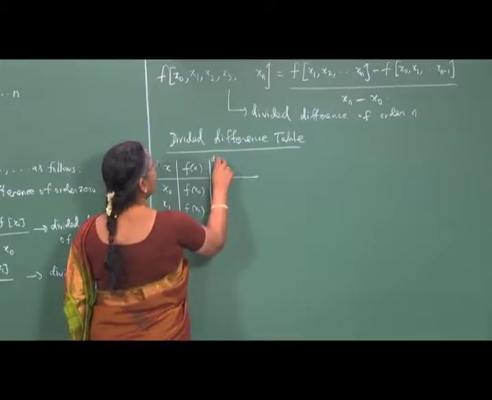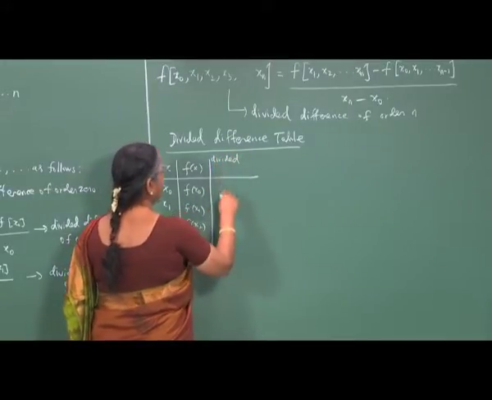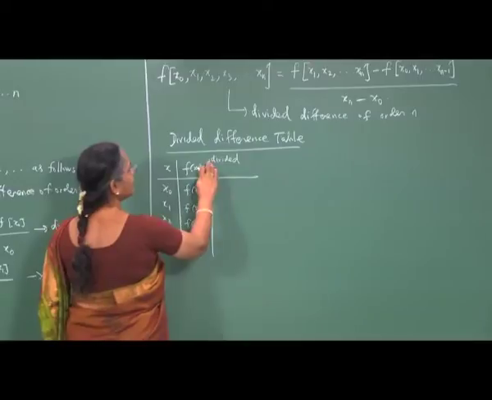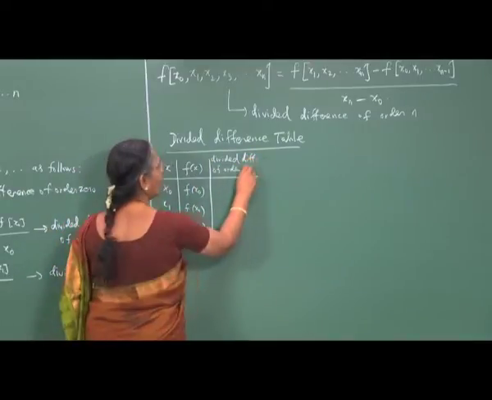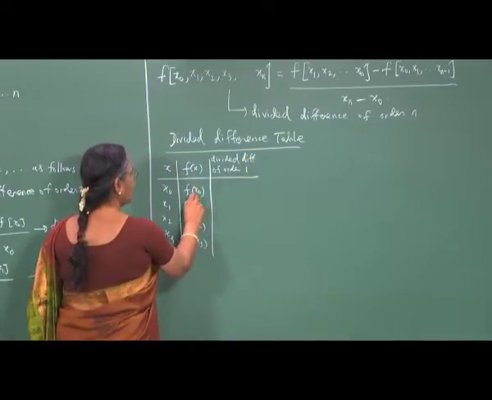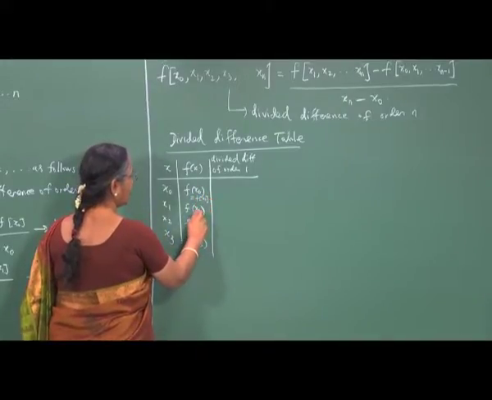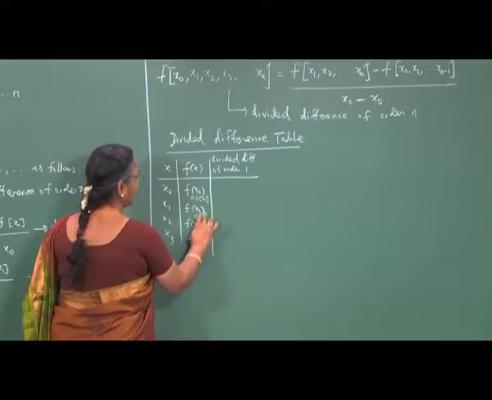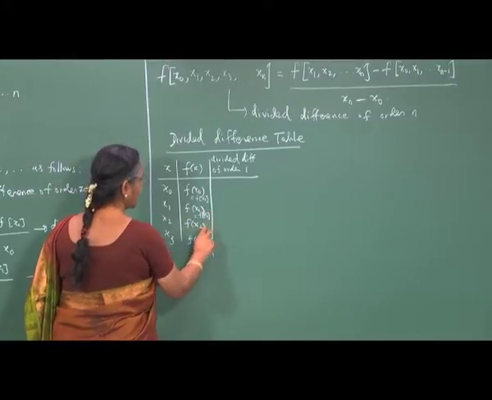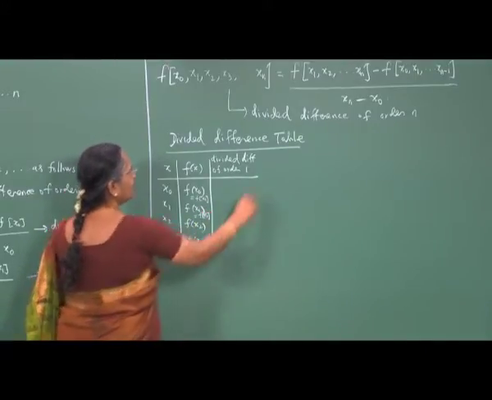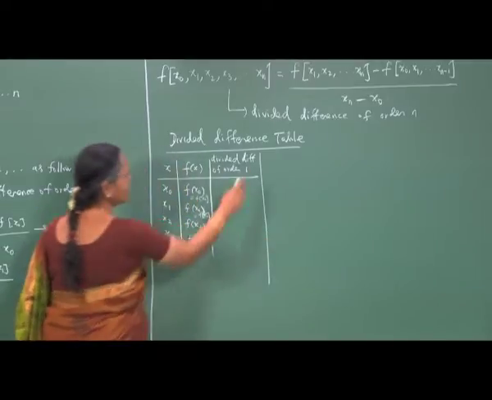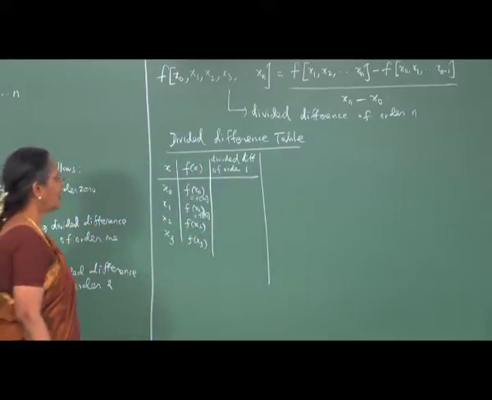So, I write down the column in which I am going to get the divided differences of order 1. By definition, this is the divided difference of order 0, and so on.